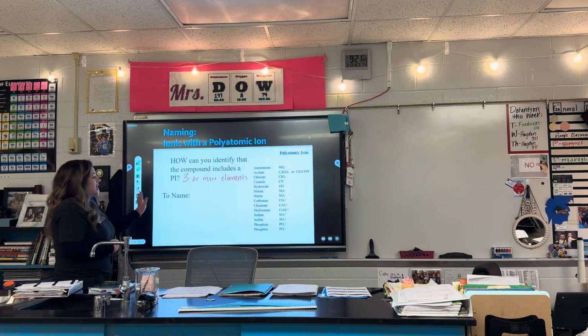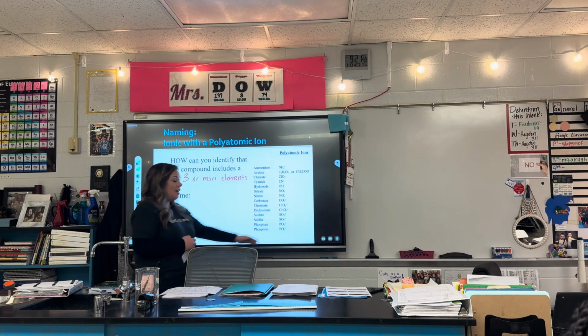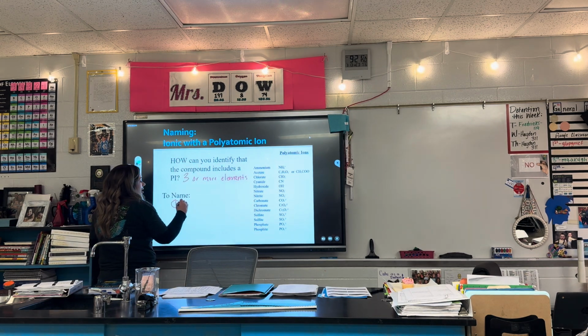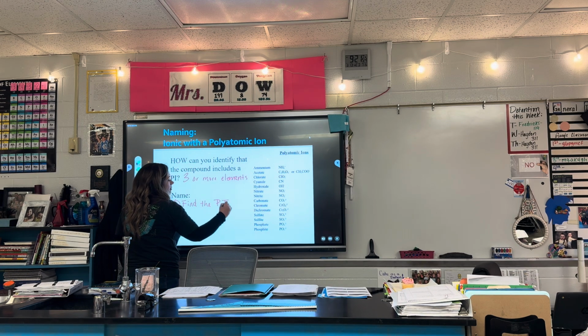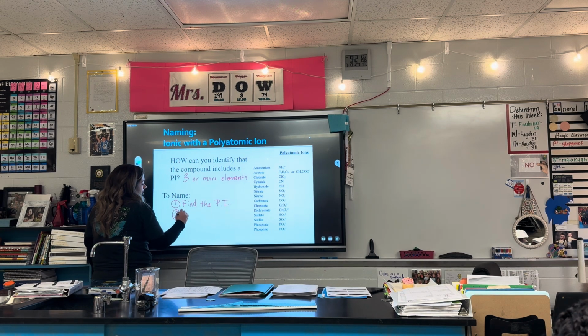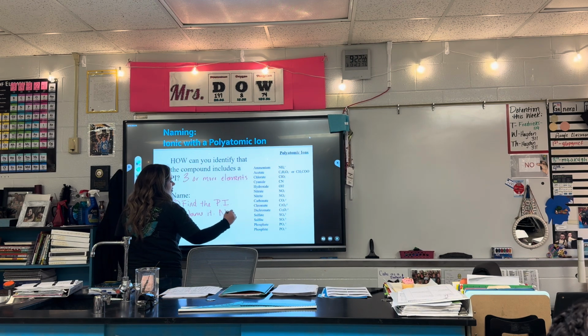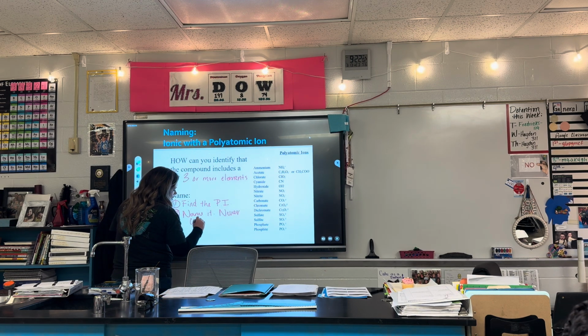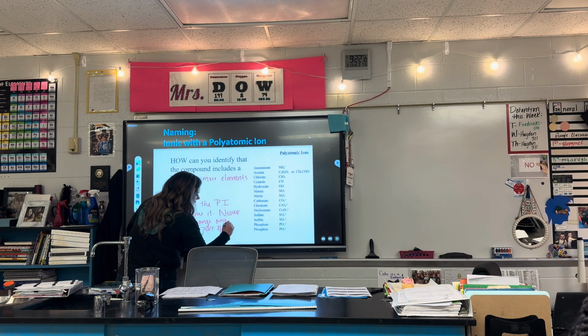Alright, so to name a compound with one of these polyatomic ions in it, first you have to find the polyatomic ion, and then step number 2, name it. And never change any part of its name.